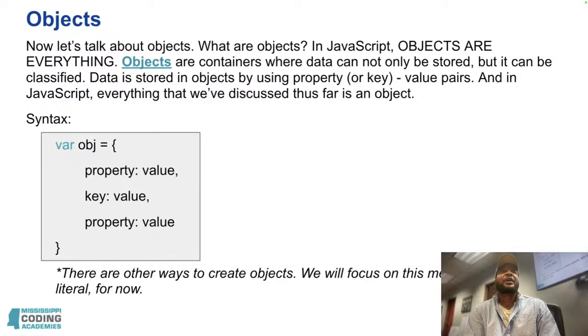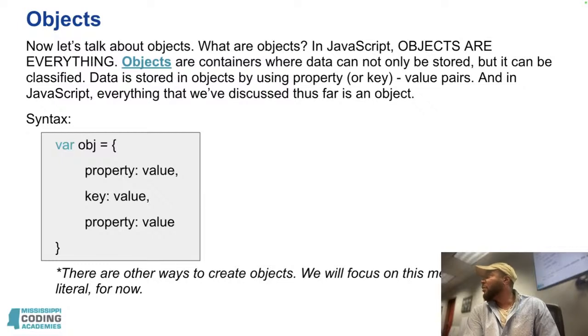As you can see here, this is a way to build an object. This is one way to build an object, and it's called the object literal. We have the var keyword again, and then the object name. And then we have property and value.